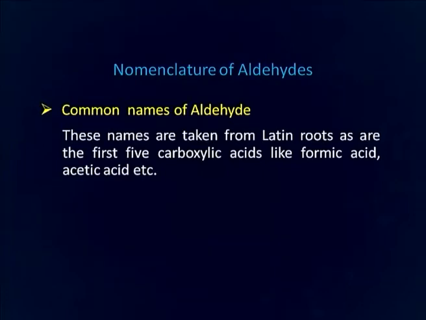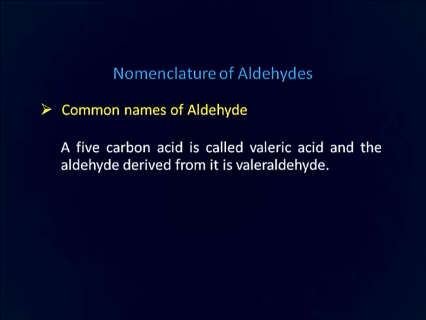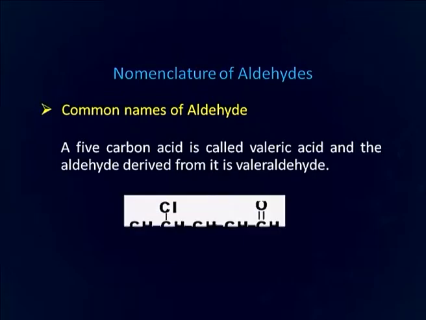The common names have been taken from Latin roots, as are the first 5 carboxylic acids like formic acid, acetic acid, etc. Greek letters are used to indicate the position of substituents with the carbon atom adjacent to or bonded to carbonyl carbon. A 5 carbon acid is called valeric acid, and the aldehyde derived from it is called valeraldehyde.